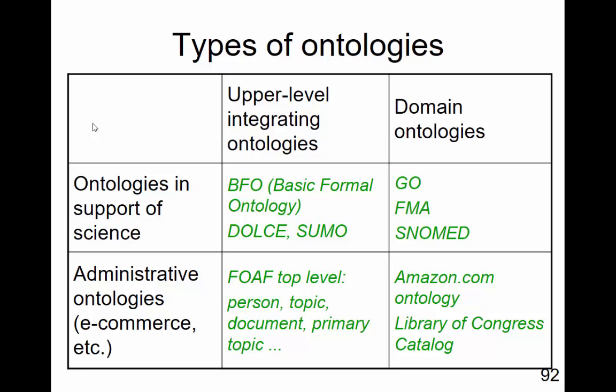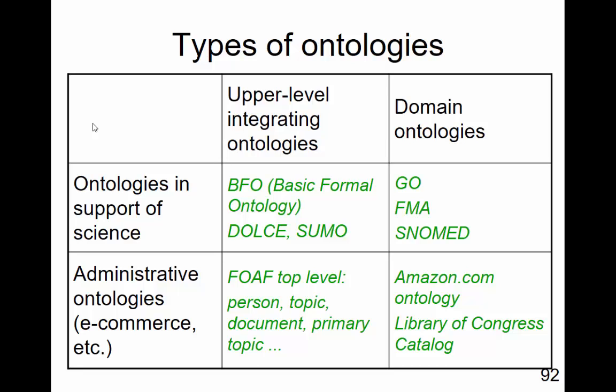The other one has a Japanese name. Then there are administrative ontologies, which are developed for various commercial and other purposes. So Amazon.com has an ontology. The Library of Congress catalog is an ontology, an administrative ontology. And then we've seen GO and FMA and SNOMED before. So these are the types of ontologies.